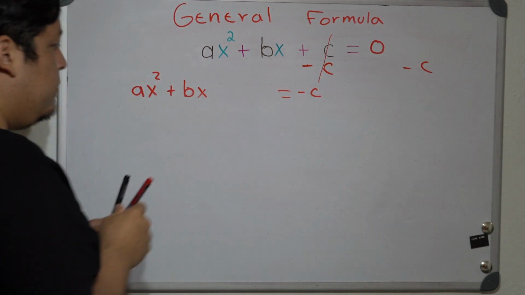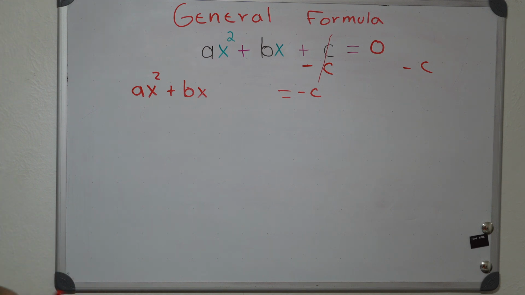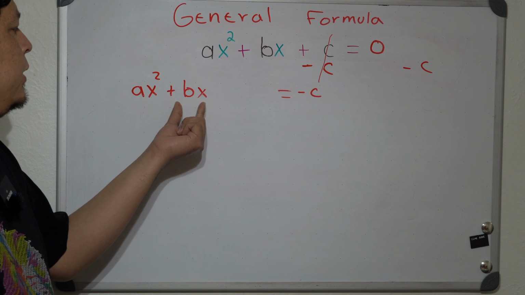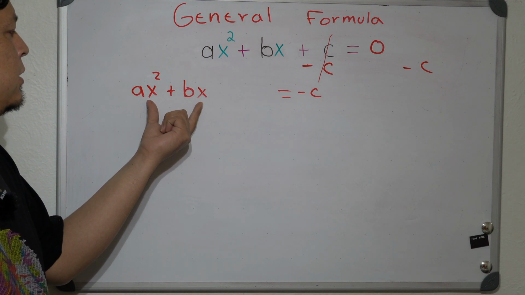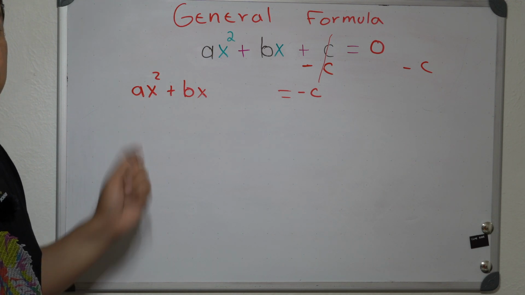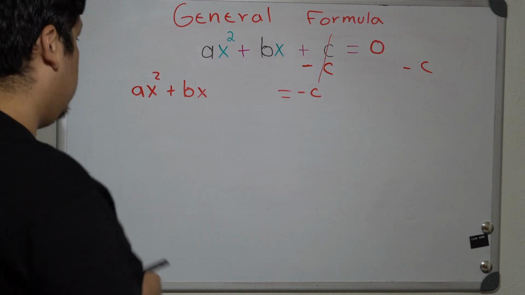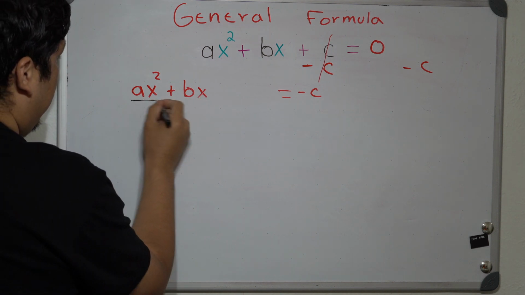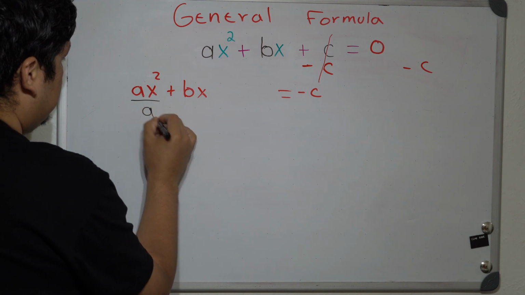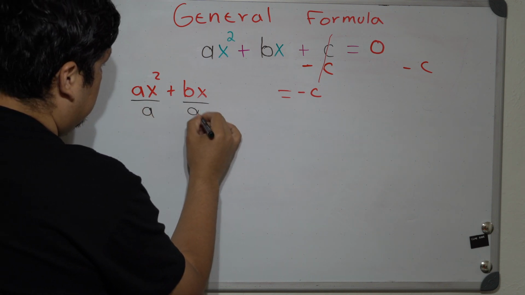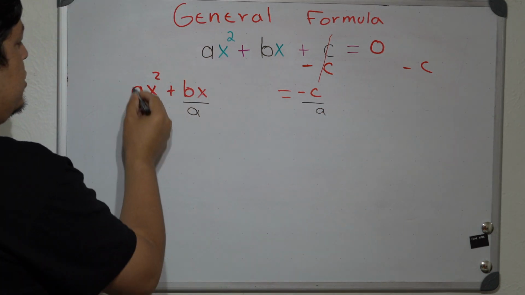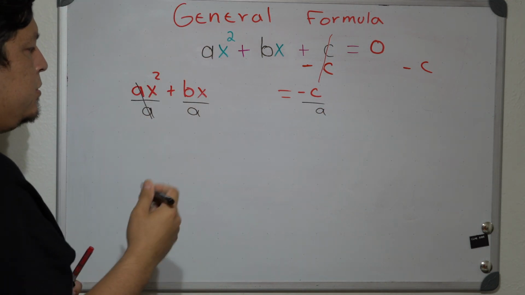Now this step is pretty critical to isolate the x's, but our leading coefficient must be a 1. So we need to divide both sides of the equation by a. By doing so, my leading coefficient becomes 1.